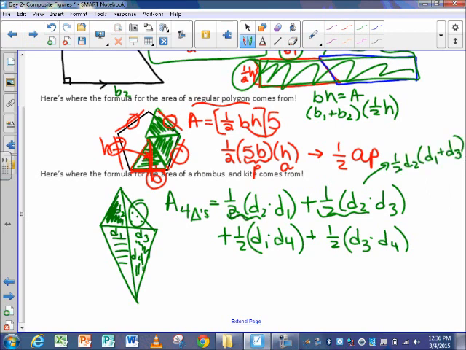Right? Because I'm pulling these pieces out, leaving me with just D1 and D3. Well, D1 plus D3 is basically the horizontal diagonal, because D1 plus D3 is this thing that I'm scribbling right now. I do the same thing on the bottom. I can pull out 1/2 D4, and I'm left with D1 plus D3 again.